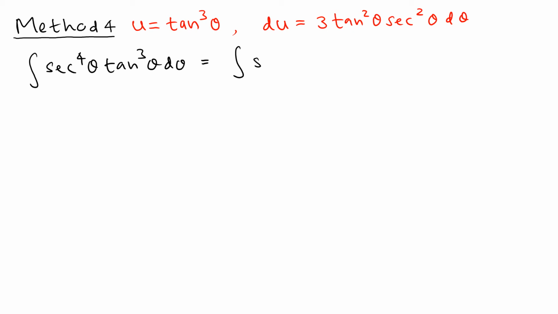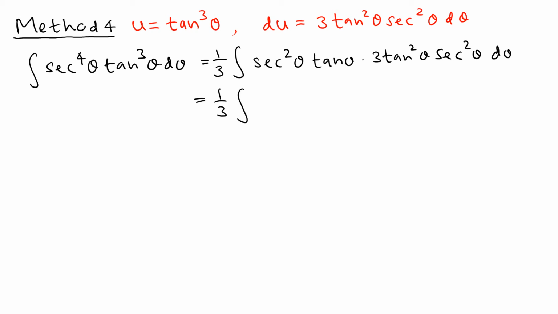So we have secant squared left, and then we have only one of the tan left. So we have one tan left, and then we have 3, that means we have 1/3, and then we have tan squared theta secant squared theta d theta. So again, steps are very similar to previous problems.